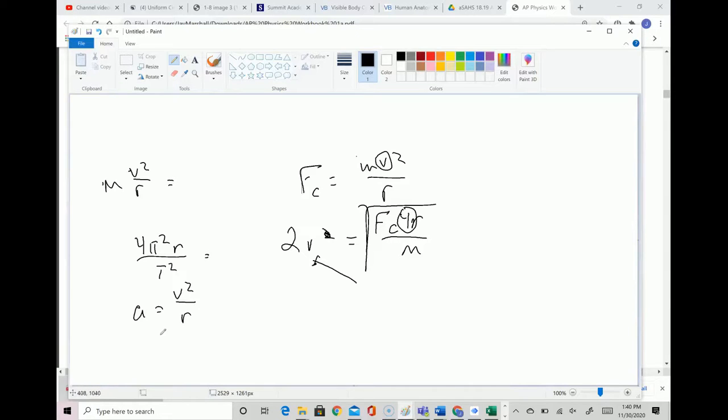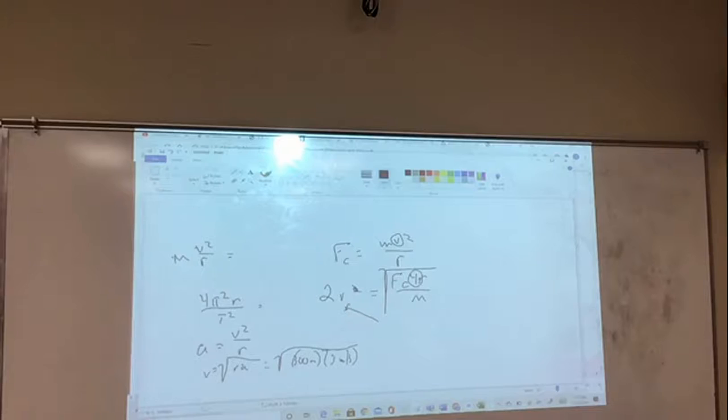Okay, so V equals the square root of RA, equals the square root of 300 meters times 3 meters per second. Okay, and that's 3 meters per second squared, isn't it?